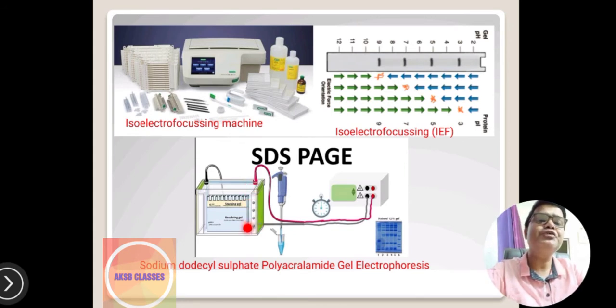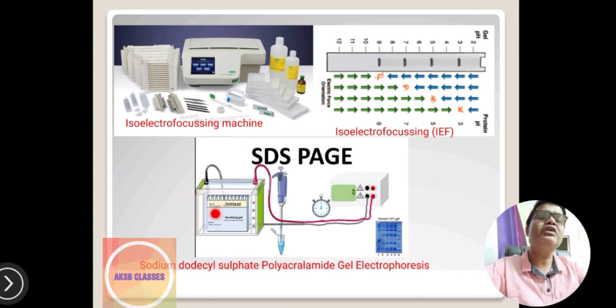A smaller protein or small fragmented polypeptide chain will move faster, toward the anode end, and the larger protein stays near the cathode end. The cathode is black in color and the anode is red in color.